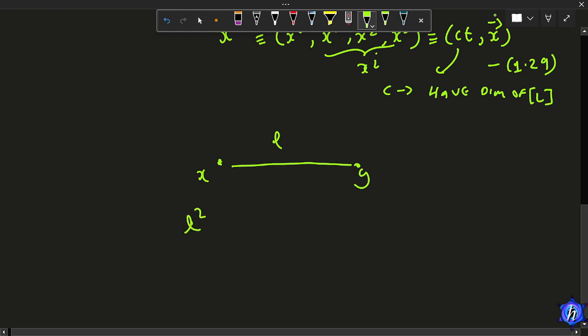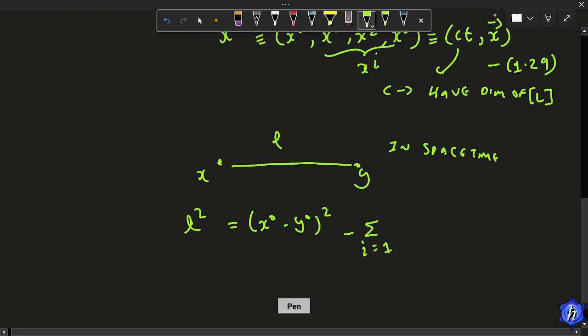So this is L squared equals (x0 minus y0) squared in space-time, minus the summation over i equals 1 to 3 of (xi minus yi) squared.